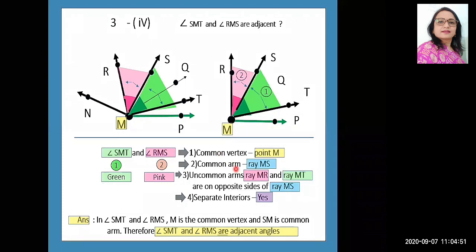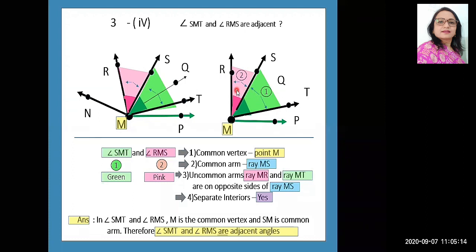Common arm is ray MS. Uncommon arms ray MR and ray MT are on opposite sides of ray MS, and they both have separate interiors.